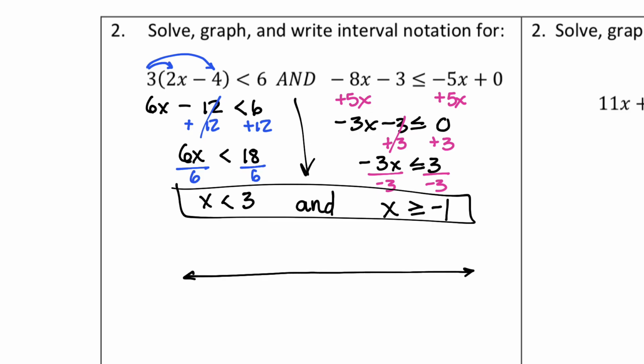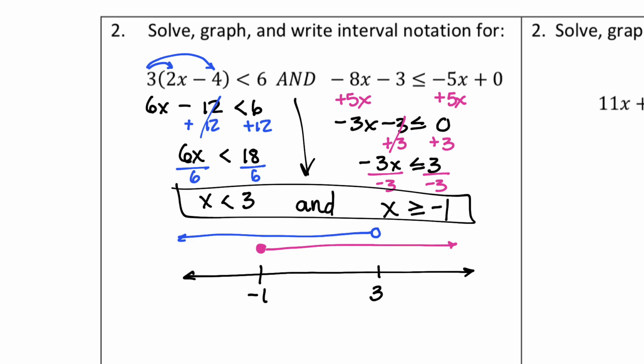We have a negative 1 and a positive 3. At 3, the blue part, it's an open circle, and follow the arrow. It's to the left. Pink part is a closed circle, and again, follow the arrow. It points to the right.